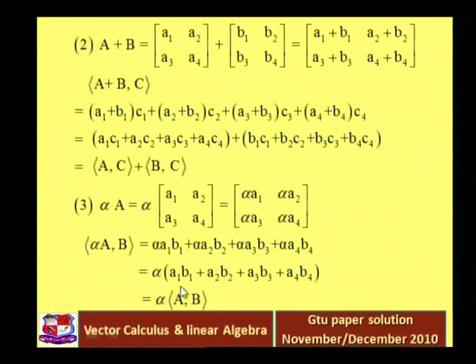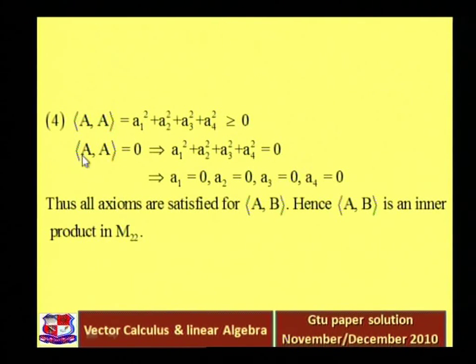So alpha into (A1 B1 plus A2 B2 plus A3 B3 plus A4 B4) is equal to alpha into inner product AB.